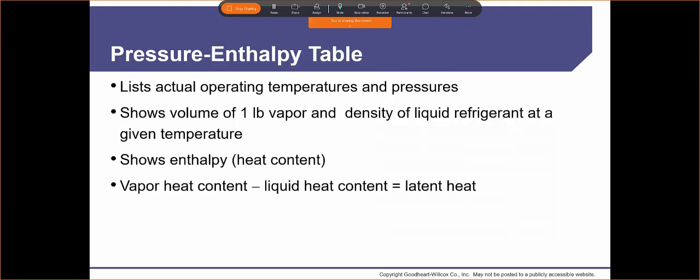All right, so then we also have a pressure enthalpy table, and it lists the actual operating temperatures and pressures. It shows a volume of 1 pound of vapor and the density of liquid refrigerant at a given temperature. So enthalpy is really the heat content. We want to know what the heat content is, because that's going to affect our charge. Vapor heat content minus liquid heat content equals latent heat.